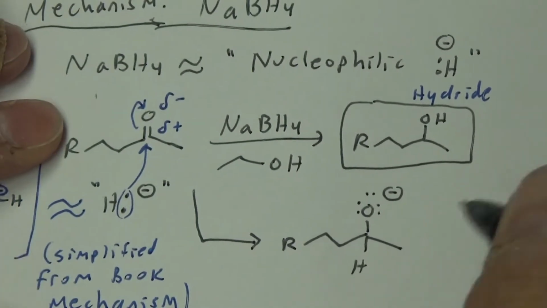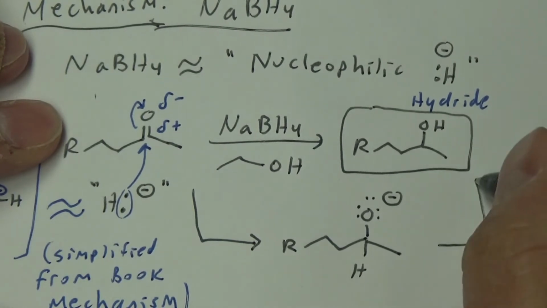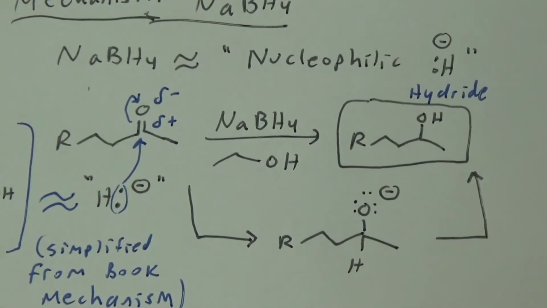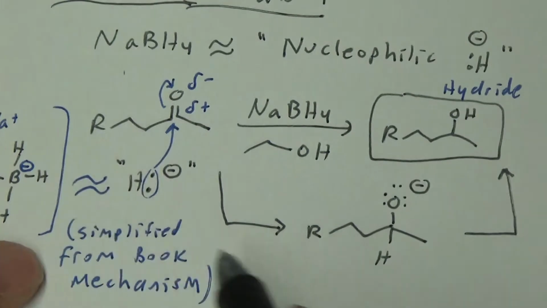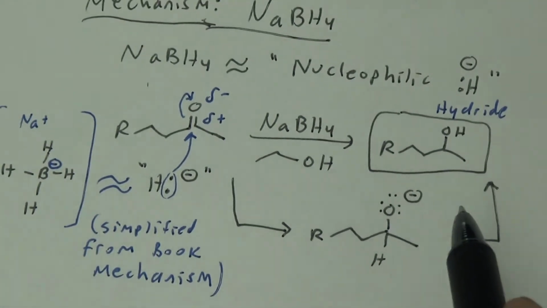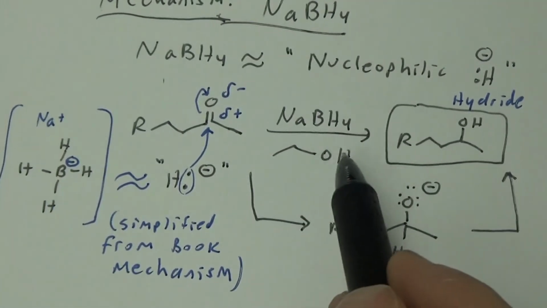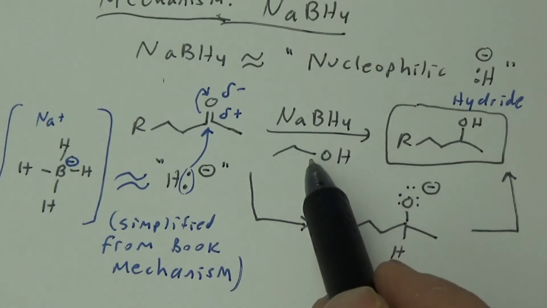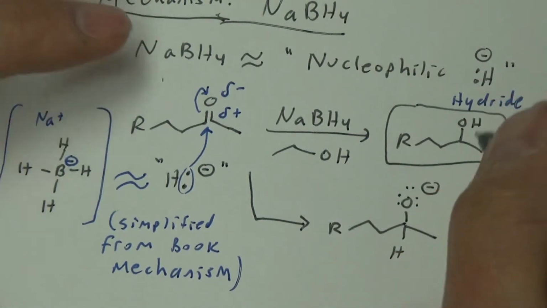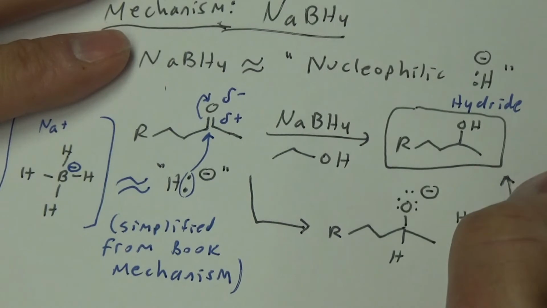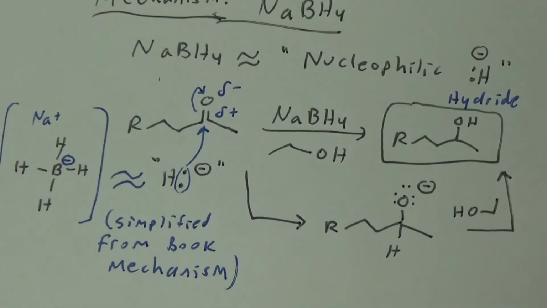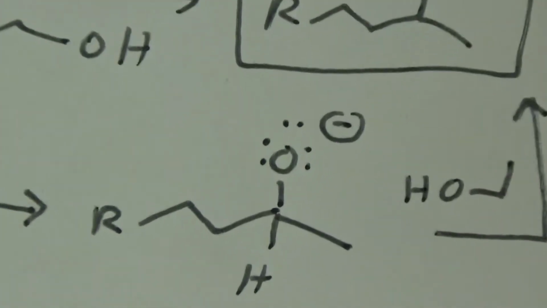The question is, where do we get a proton from to finish the reaction? Do you see any sources of proton anywhere? We don't have any acid around. We don't have H3O plus. We do have some ethanol, so that's going to be our proton source. So we draw a little bit of ethanol.